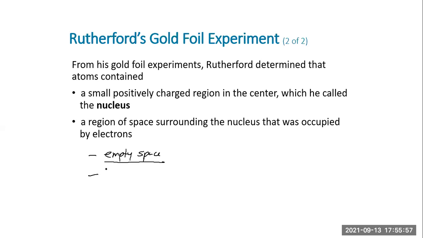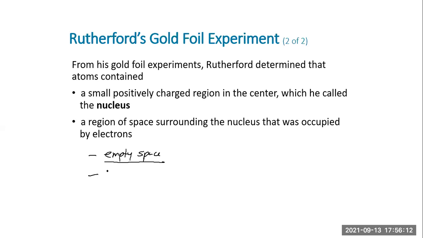Since those particles were positively charged, heavy, and moving fast, the only thing that could make them bounce off at these really large angles is if they hit something very, very positively charged.